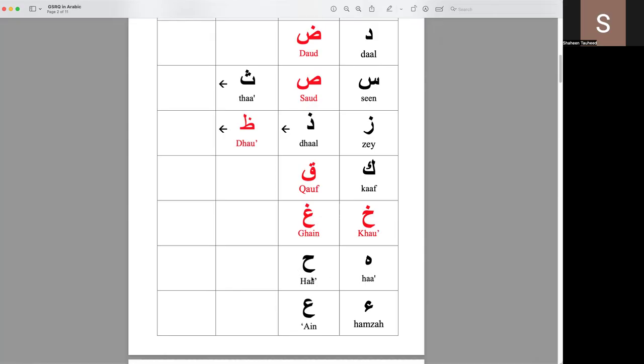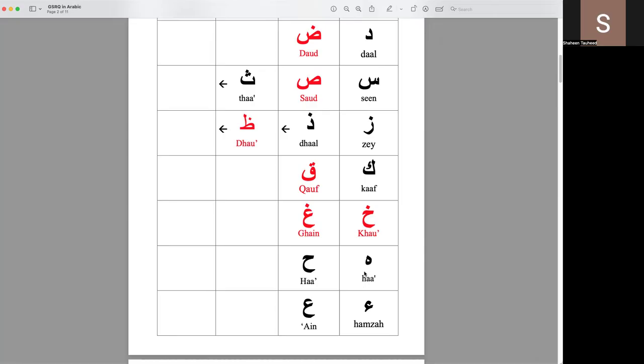Now these two letters are from the middle of the throat, and they're often confused because they sound similar, but they're not quite the same. They're both light letters, but this one is more from the bottom of the throat, and this one is from the middle of the throat. So when this sound comes out, it's as if we are releasing air from our chest, and we say, ah.